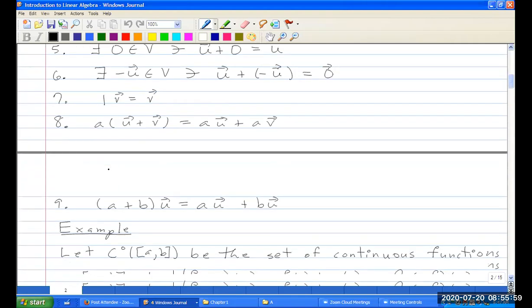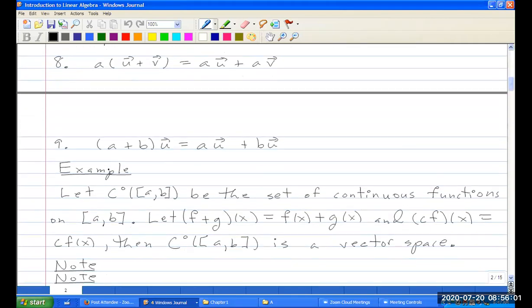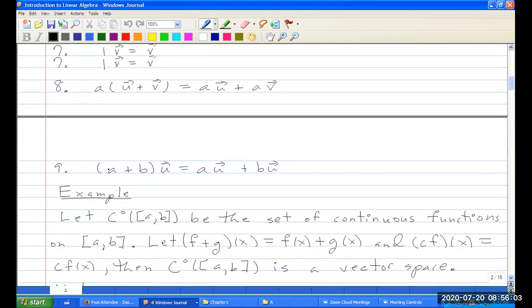So let me do an example. This is a vector, but it's probably not what you think of as a vector. Let C^0 of the closed interval [a,b] be the set of all continuous functions on the closed set [a,b].